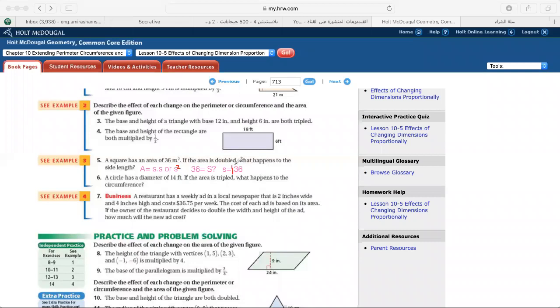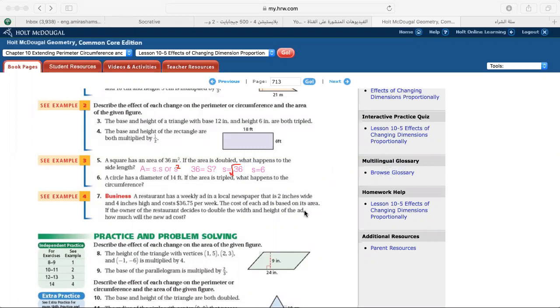So what is the square root of 36? It is 6. So the side is 6. Whenever I want to get the side length of the square and I know its area, I will get the square root of this area to know the side.